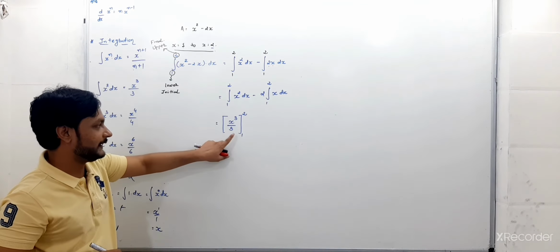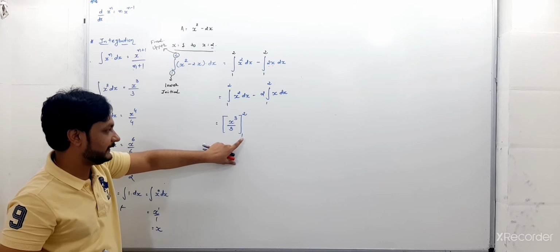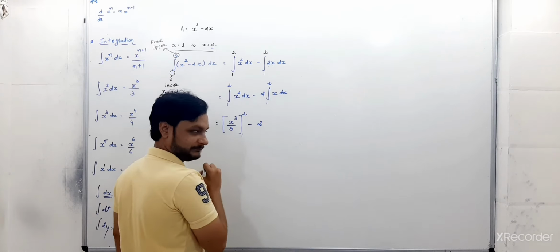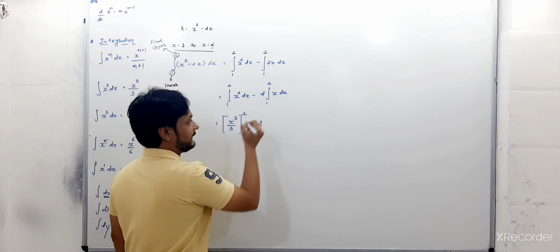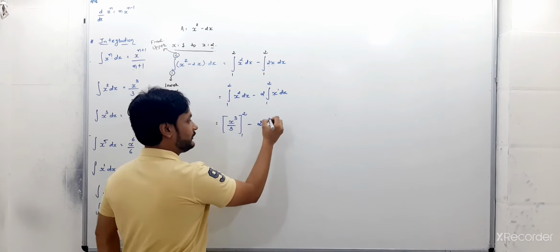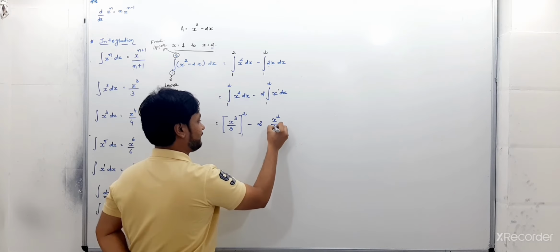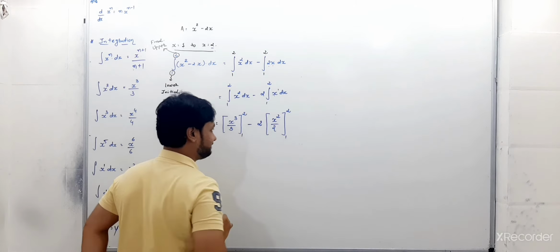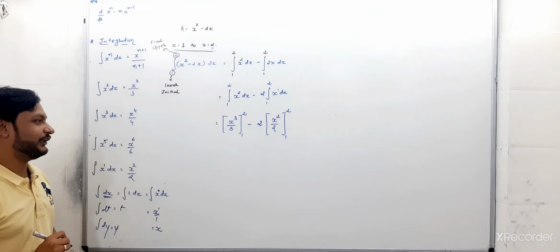So place a bracket and the limits 1 to 2, minus 2 for x raised to how much power? 1. So its integration value is x square by 2, with limits 1 to 2.